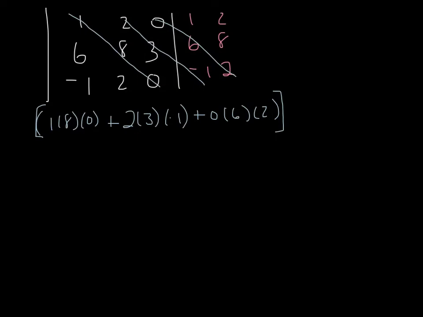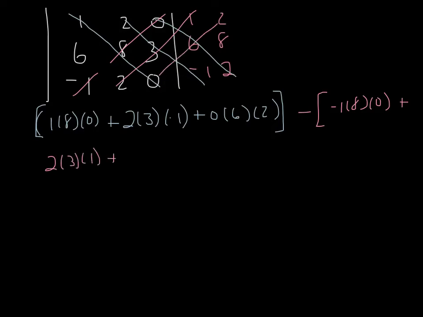After I get that, I'm going to do the other diagonal. So then I'm going to multiply -1, 8, and 0 together. So I'm going to subtract the product of -1 times 8 times 0, plus 2 times 3 times 1, plus 0 times 6 times 2.